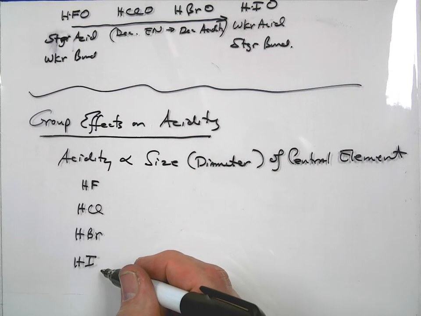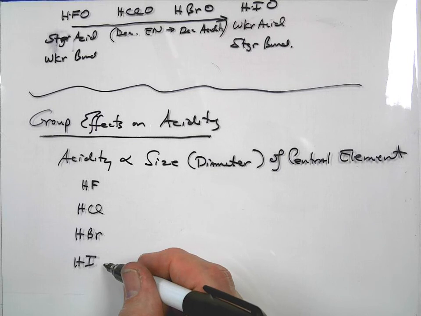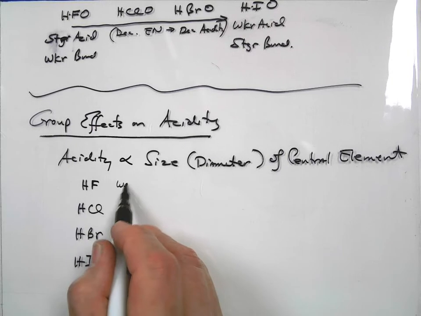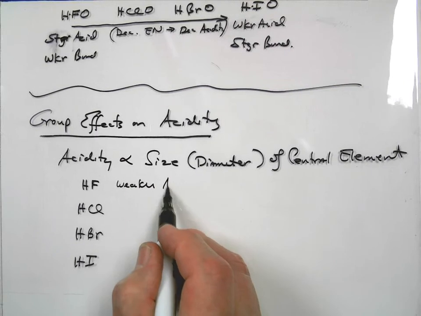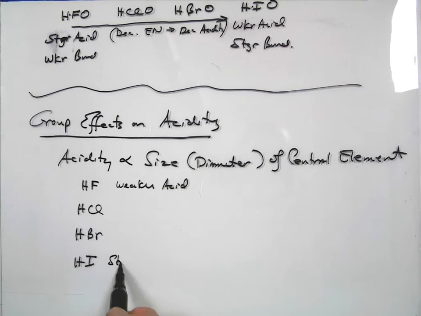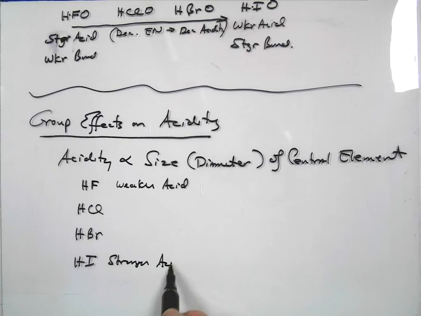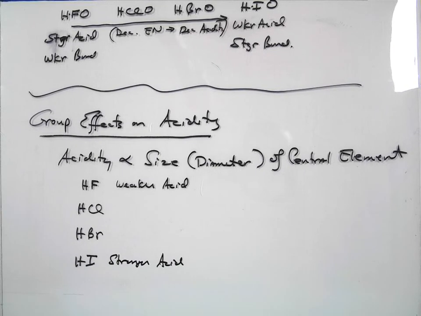However, the stronger acid is the hydrogen iodide. This is the weaker acid, and this is a stronger acid. Because of size, the electronegative effect acts to hold on to the hydrogen.